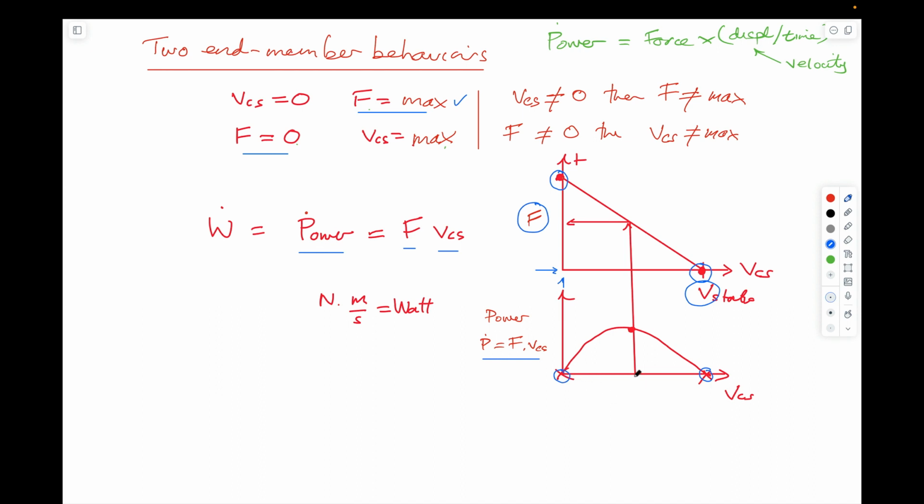At intermediate points, the force here will be equal to half of F max, and maybe the velocity of the control surface is also roughly equal to a half of that, and the product of those will be a finite number. It won't necessarily be a maximum in the middle, but it will look something like this.